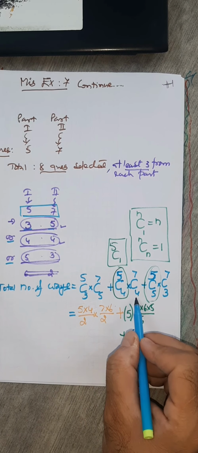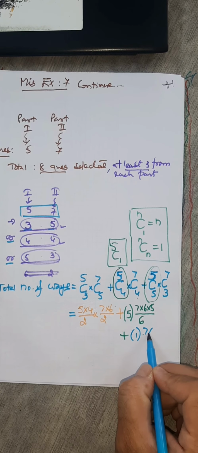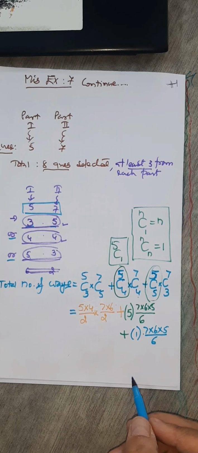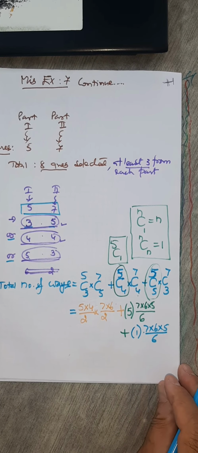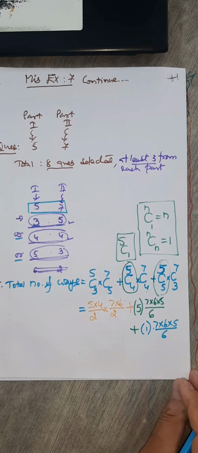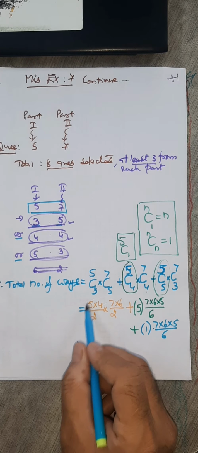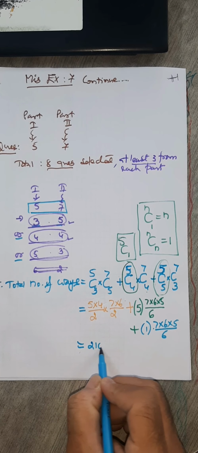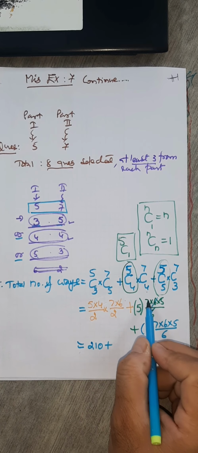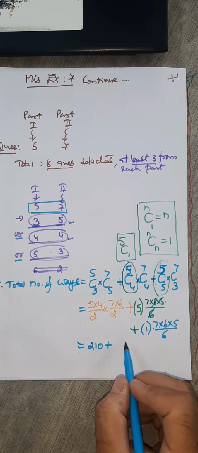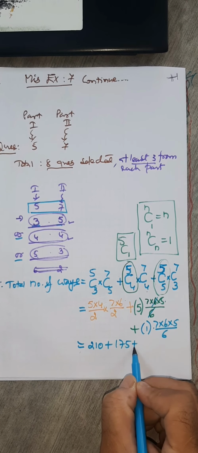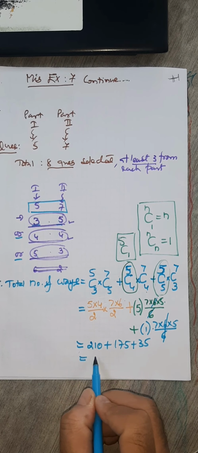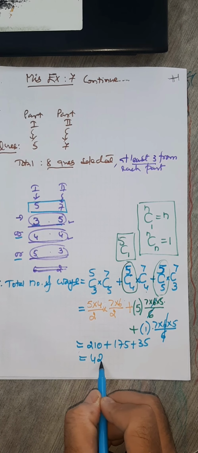7C3 is the same as 7C4, so you have to copy what you wrote here, 6 into 5 into 4 upon 6, and use the formula, you'll get the same answer. So if we simplify this, what we'll get here, this is 10, this is 21, so 210 plus 6 will get cancelled, 35 into 5, so 175 plus this is just 35, so finally you will get here 420.